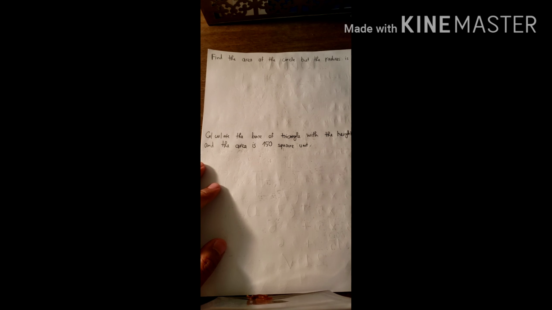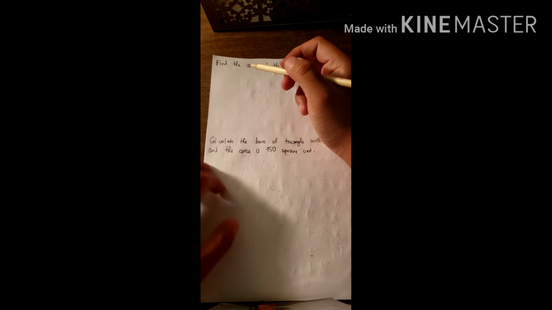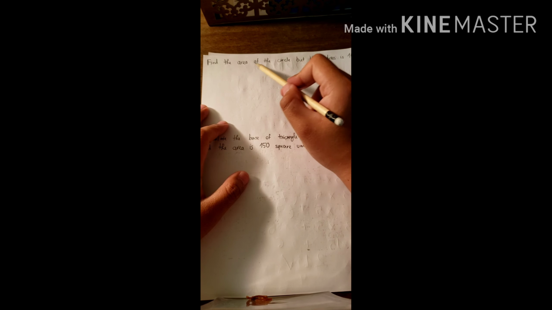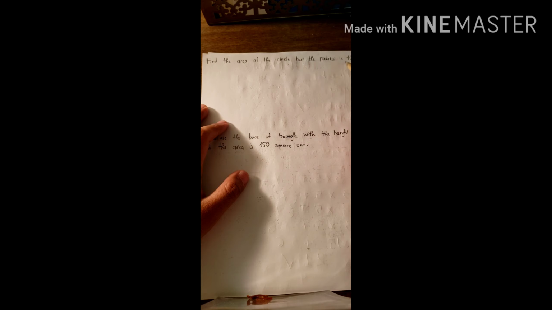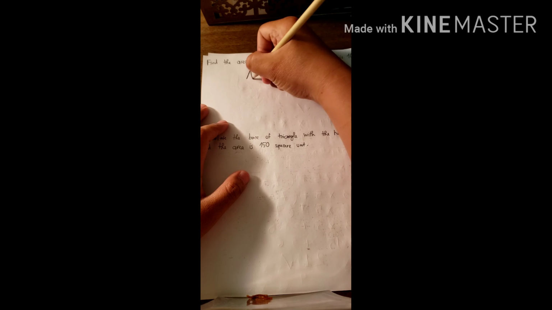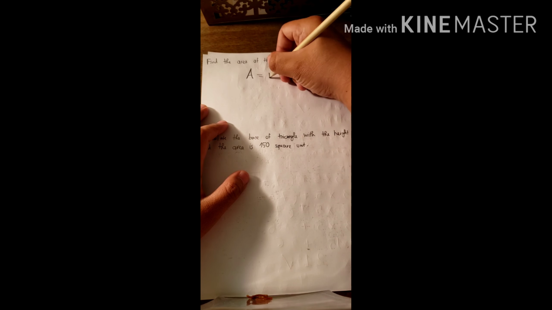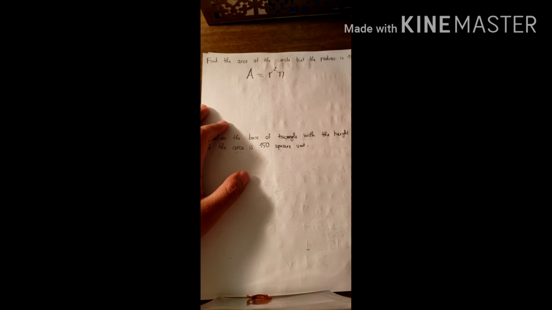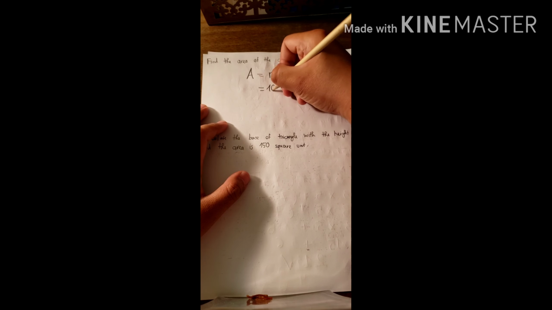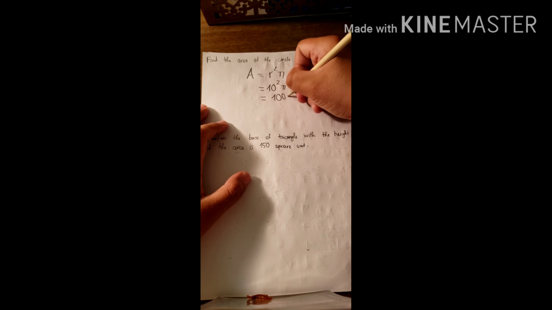The next one, I will move to geometry. On the test, some students don't know how to do geometry. Find the area of the circle, where the radius is 10. We know that the area of the circle is radius squared multiplied by pi. We have 10 squared multiplied by pi, which is 100 pi.